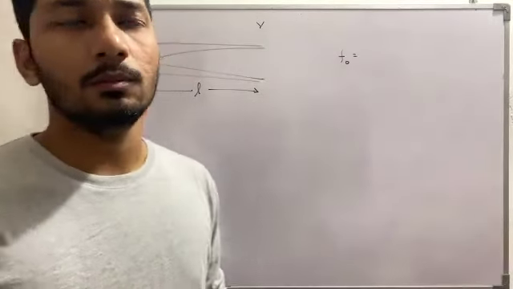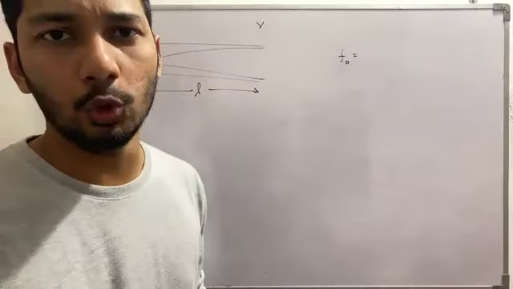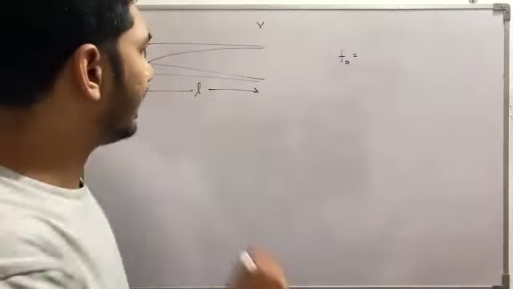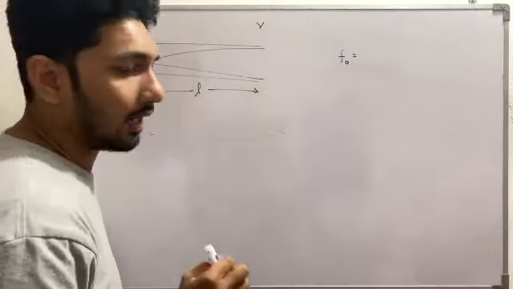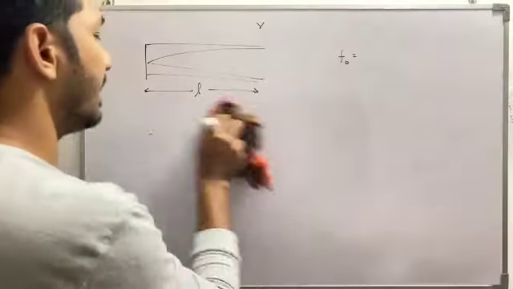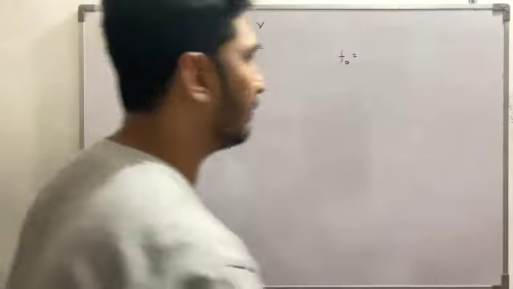So you know what, here there is only half of a loop. The complete loop will look like this, but this is only half. So then you can say it's only 1/4 of a wavelength.